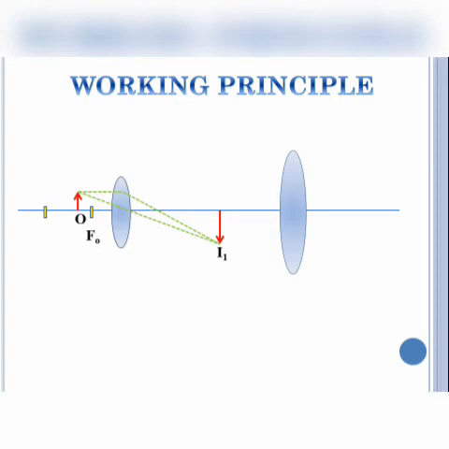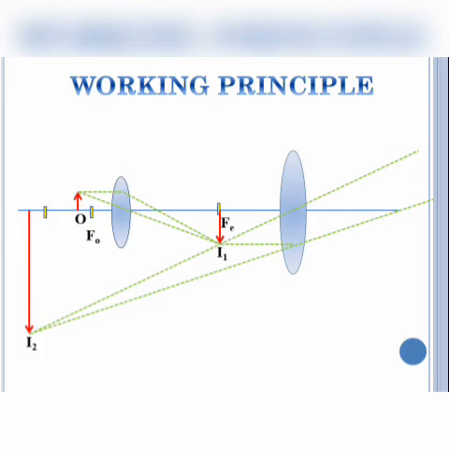The eyepiece is adjusted such that the image I1 lies within the focus of the eyepiece FE. The eyepiece functions as magnifying glass and forms a virtual, erect and magnified image I2 of the object.